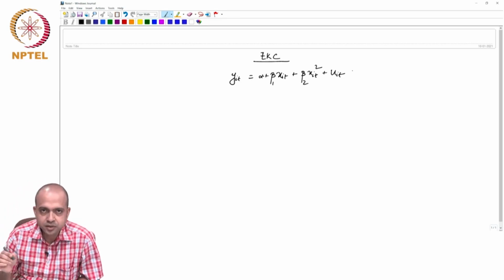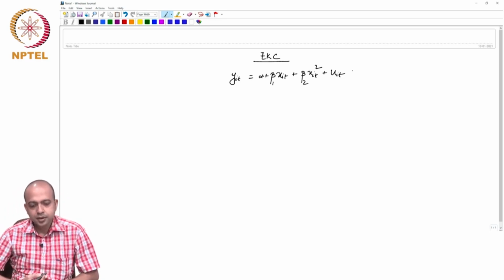And we have discussed different cases based on the restrictions we may impose on beta 1 and beta 2. So, after estimation, depending on the sign and significance of beta 1 and beta 2, we may or may not get the inverted U-shape relationship between Y_it and X_it, and several cases we have discussed in our previous class.